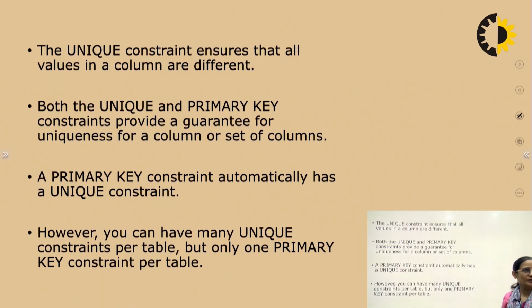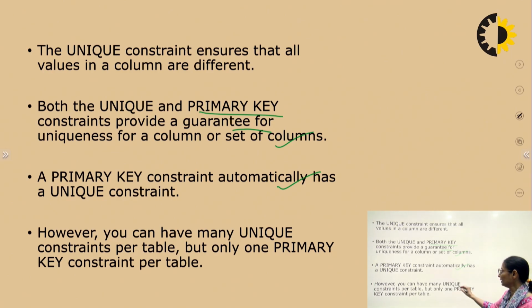The unique constraint ensures that all the values in the column are different. Both the unique and primary key constraints provide a guarantee for the uniqueness of a column. A primary key constraint automatically has a unique constraint, so we don't need to define the unique constraint separately with the primary key.